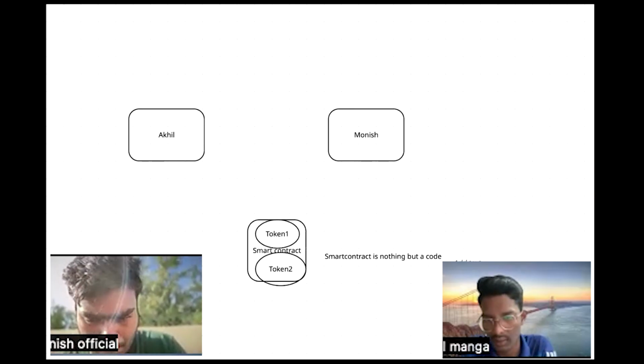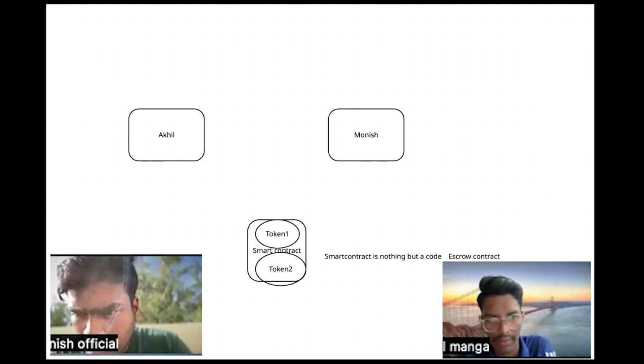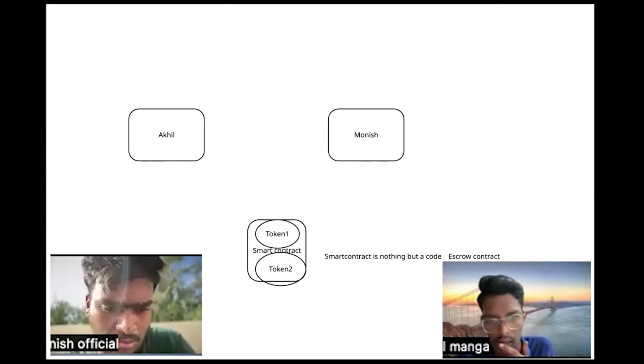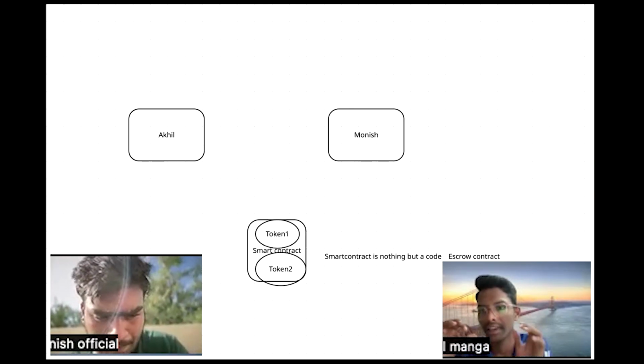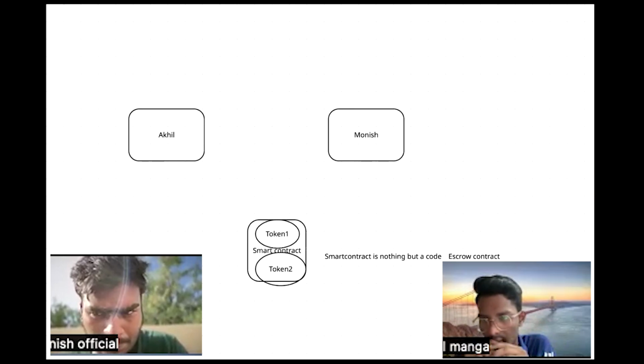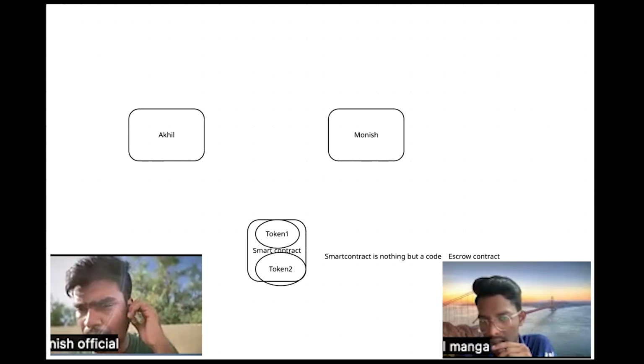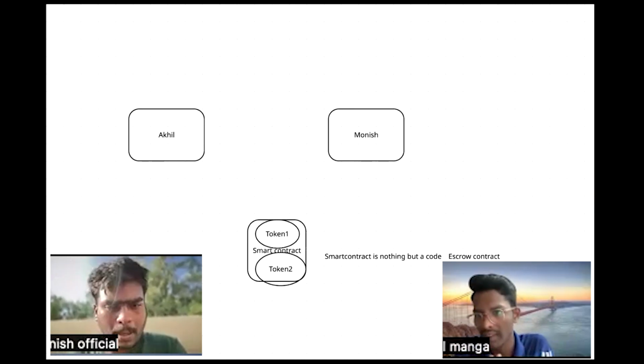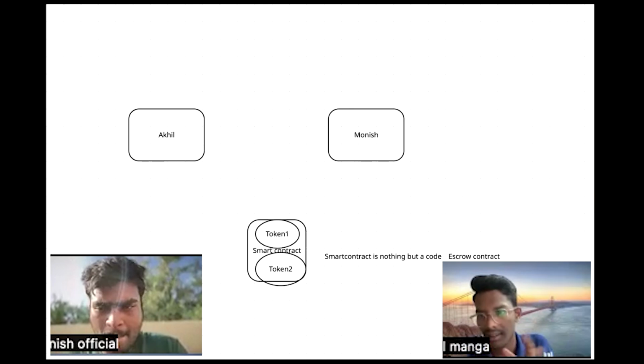So what will this escrow contract do? You will be putting your token two in this smart contract, and I will be putting my token one into it. First, we have to deploy the smart contract onto the blockchain. Smart contracts are immutable.